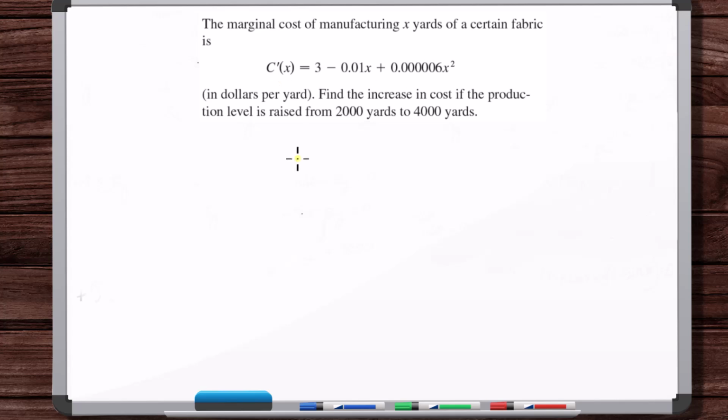And we know from the net change theorem that if you do a definite integral of a rate function over an interval, then the result of that definite integral is the net change in that quantity over the interval. And so the cost is going to be just C of X.